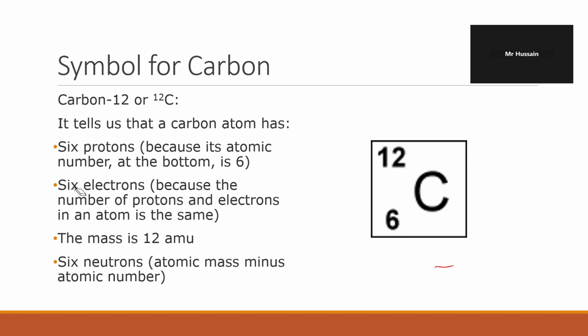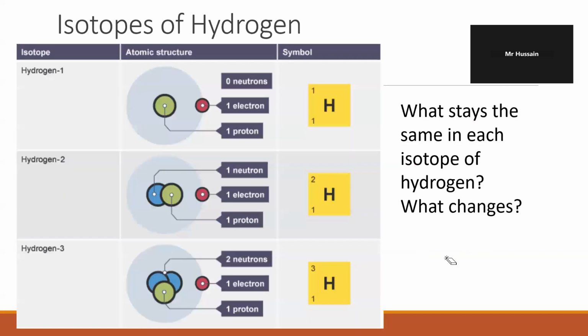Now we are going to look at a few more examples. There are 3 hydrogens, but you see the first is hydrogen-1, the second one hydrogen-2, the third one hydrogen-3. How? Hydrogen-1 has 1 proton, 1 electron, but 0 neutrons, no neutron.